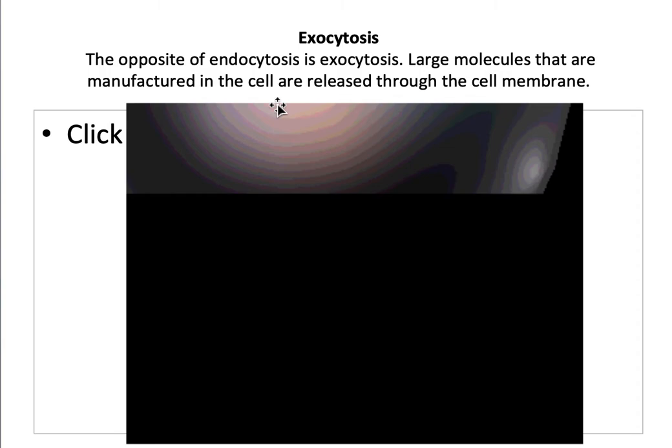If you imagine a cell membrane as having a mouth, and something comes close to it and then it engulfs it like that and takes it inside, that process is called endocytosis.